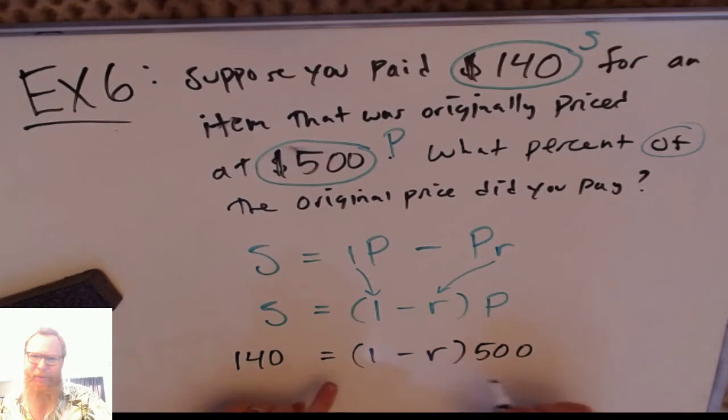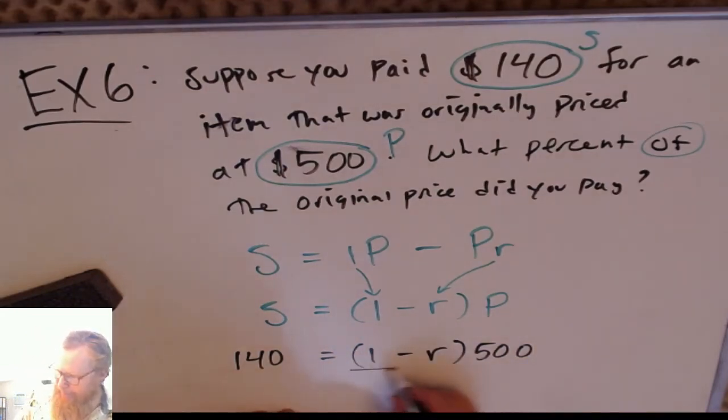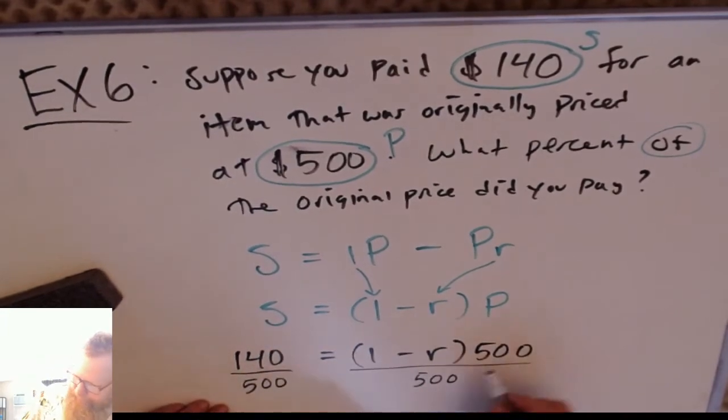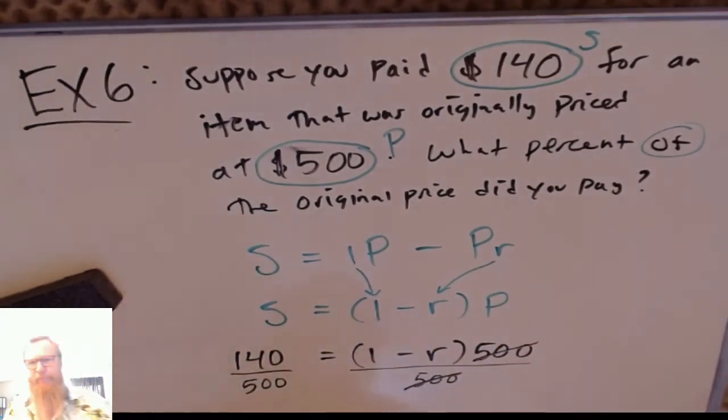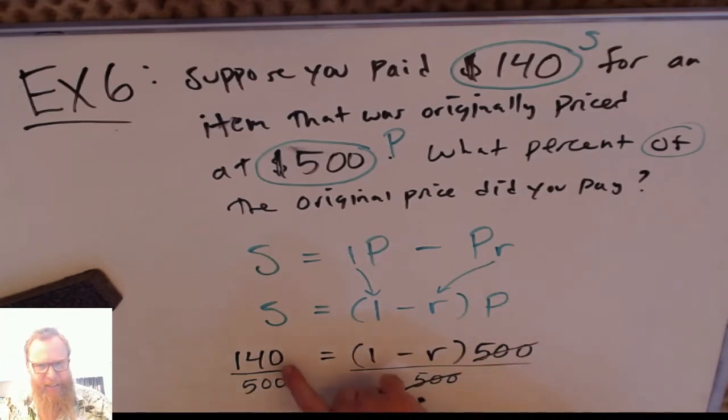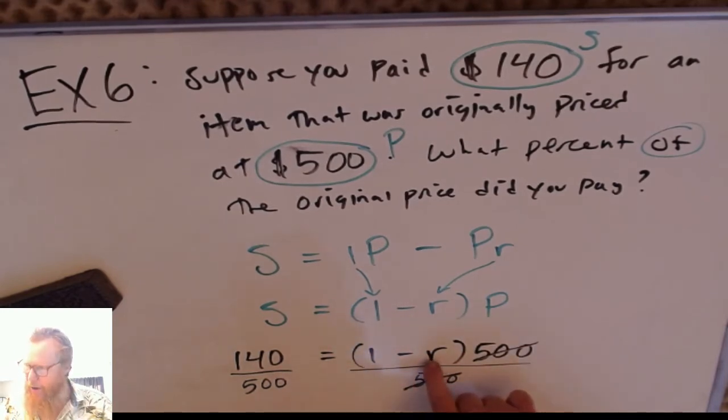There's a couple different ways to solve this. I'm just thinking before I jump in. I think I'm going to do it the easiest way possible, and that would be to just divide both sides by 500. There's a more complicated set of steps, but the easiest one is to get rid of that 500 first and get it to here. So now you have S divided by P equals 1 minus R.